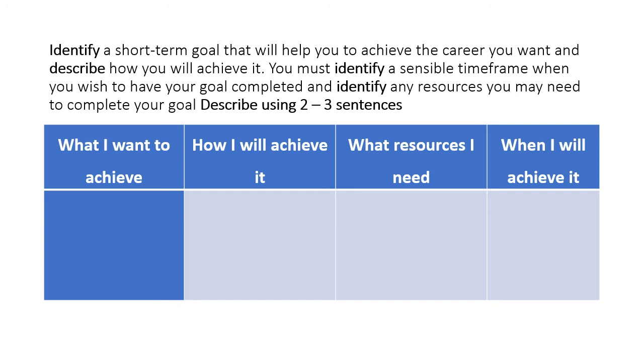If you do want to do a college course, usually the academic year starts in September, so that might be something you want to look into. But make it realistic. Like we talked about before, it might be that you want to do some voluntary work for a short time. So think about how you might do that and what resources you would need.